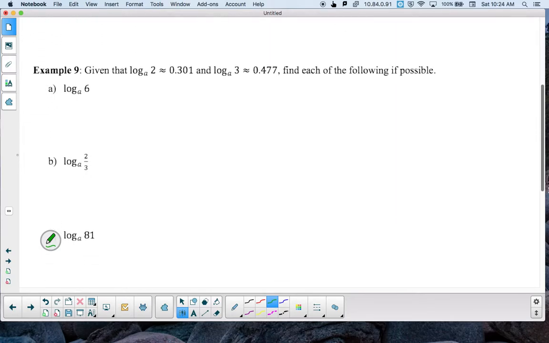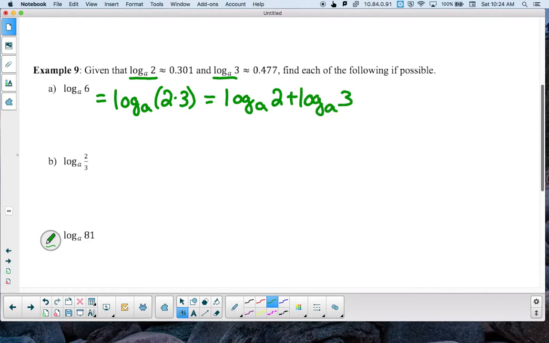For example 9, we want to split this up to be log base a of 2 and log base a of 3 to approximate this, because we don't know what a is, and so we can't type this into our calculator. But we can express 6 as a product of 2 and 3. So this would be the same as log base a of 2 times 3. And then we can use our product rule to say that this is log base a of 2 plus log base a of 3.